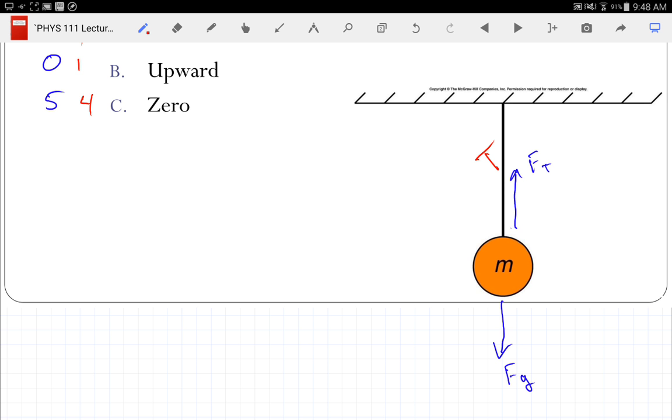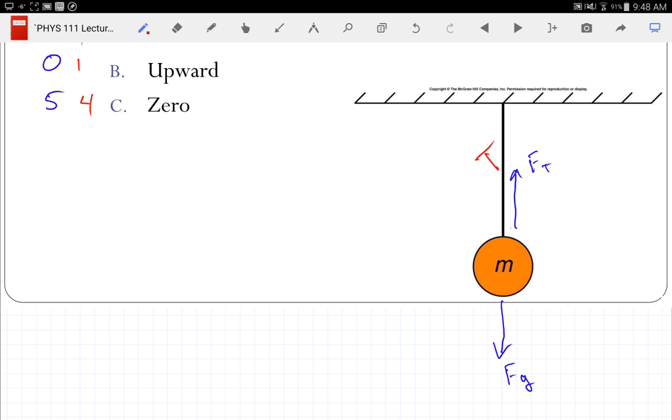And where it attached to the mass, what direction was the string leaving the mass? Up. And so it applied a force that was upward with the magnitude of the force equal to the tension. Now if we look at that ceiling, that's what it's supposed to be, the line of dashes. What direction is the string leaving the ceiling?